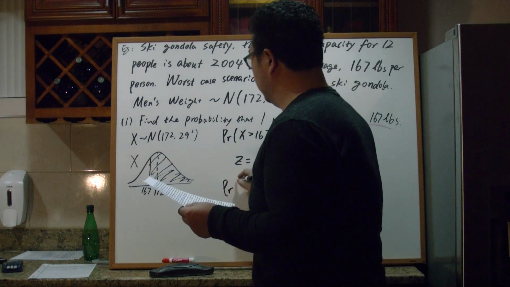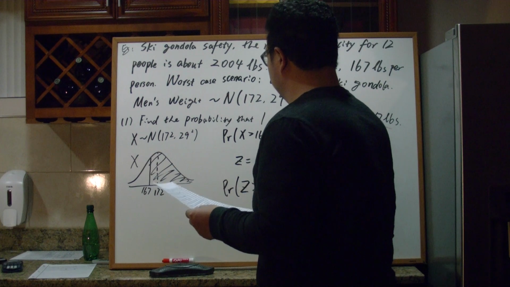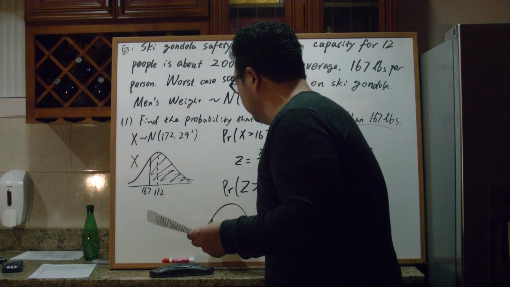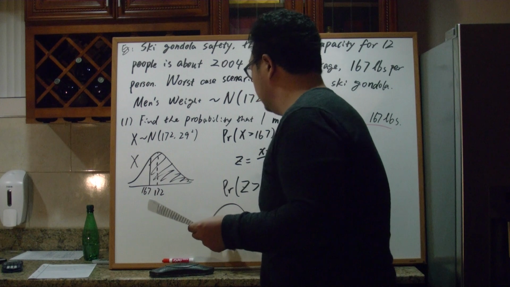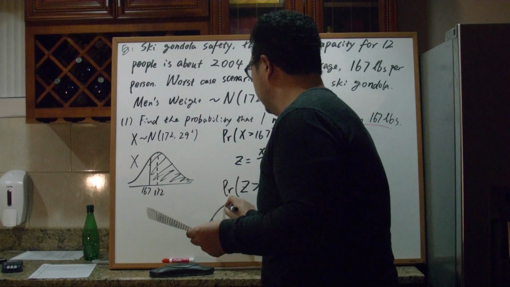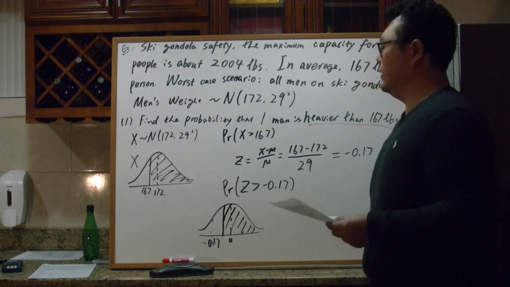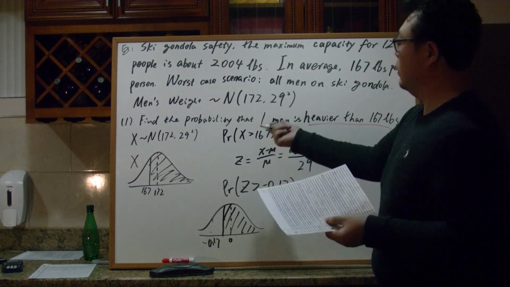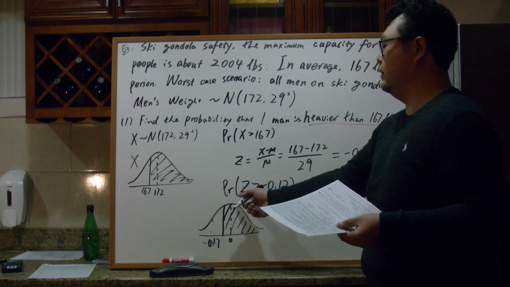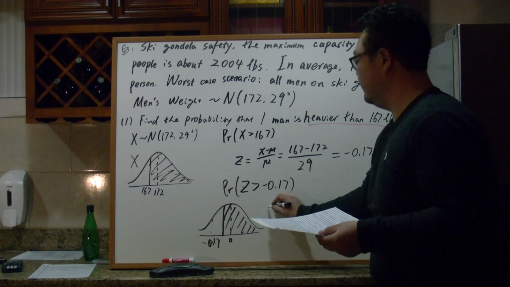So we're actually looking for the probability of z bigger than negative 0.17. It will be close to the middle, which is 0, maybe just a little to the left. The probability that one man is heavier than 167 means the probability of a z-score greater than negative 0.17.